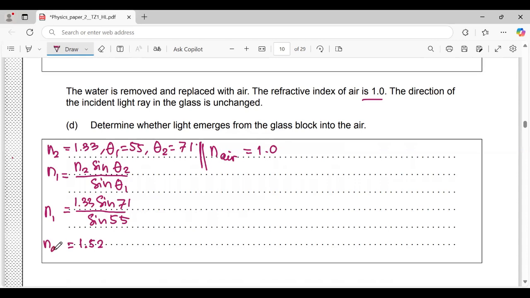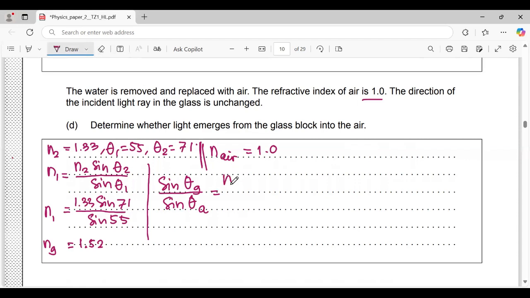According to Snell's law, we can arrange the formula: sine theta glass over sine theta air equals n air over n glass.